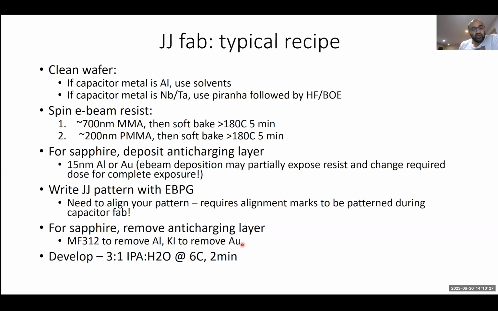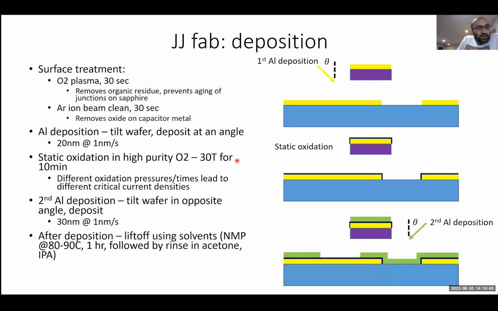Our developer of choice for the PMMA, MMA bilayer is a 3-to-1 ratio of isopropanol and DI water that we chill to 6 degrees C, and we develop for 2 minutes.